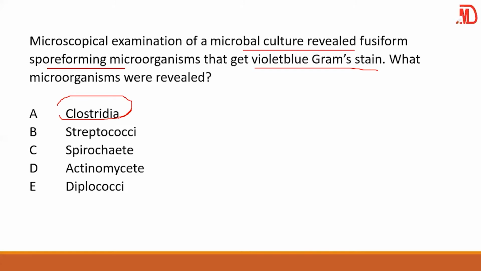That means it doesn't like oxygen. Usually in tetanus and in ulcers, you will see this Clostridium playing a big role. And again, the staining is violet blue. So your answer is A.